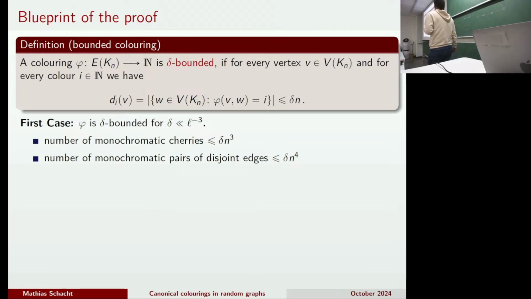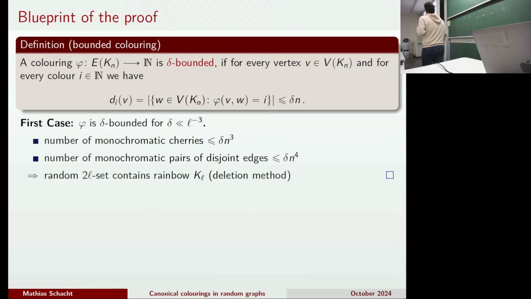Okay. And now basically what you do is you just pick a random subset, and you will have so few copies of these inside that you can remove vertices, and then you get a rainbow copy.